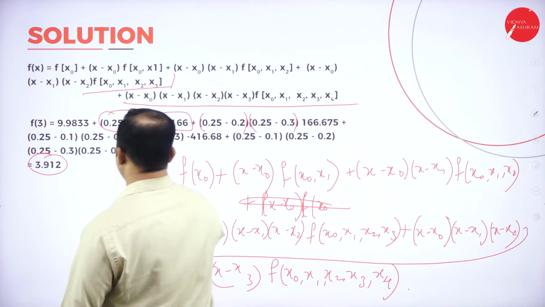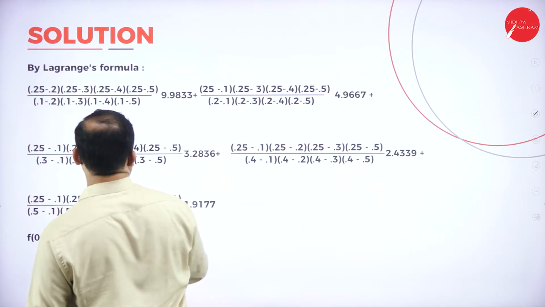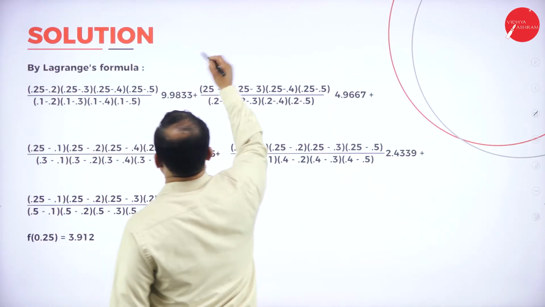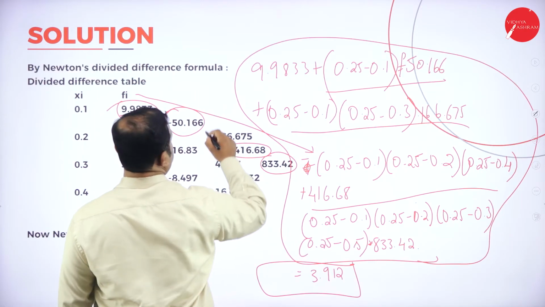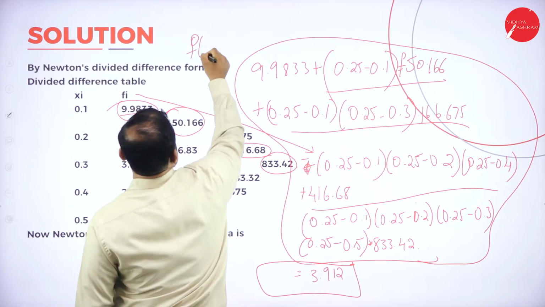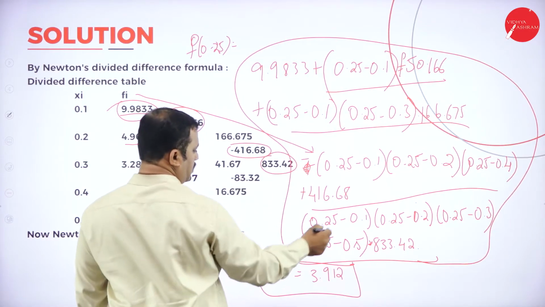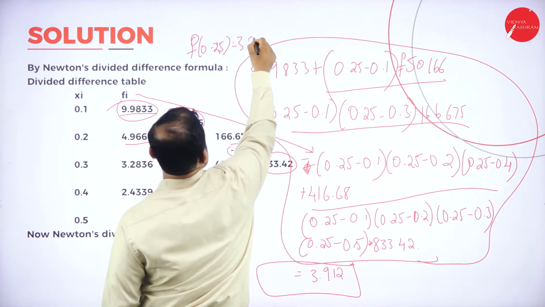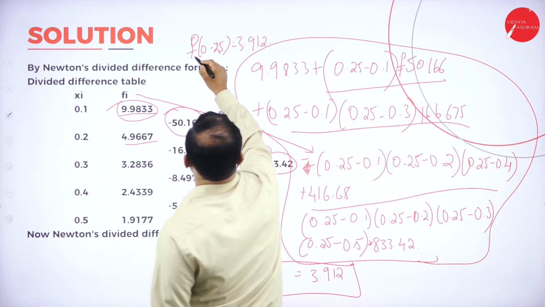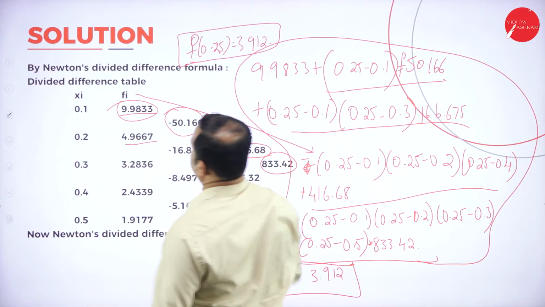F of 0.25 is equal to 3.912 by Newton's divided difference. So this is the formula we are going to apply.